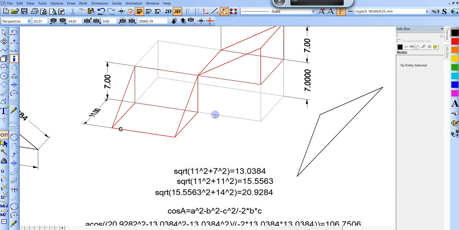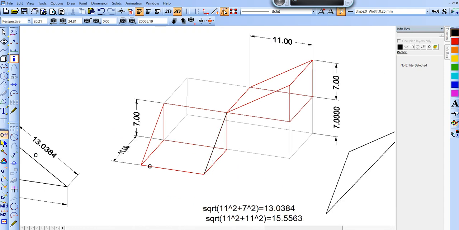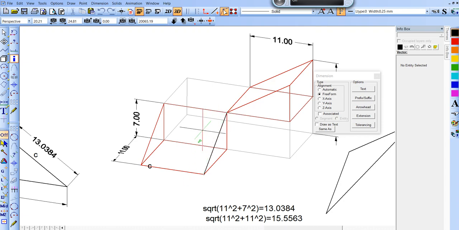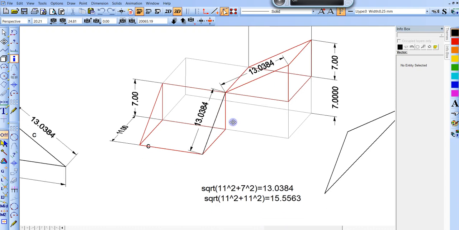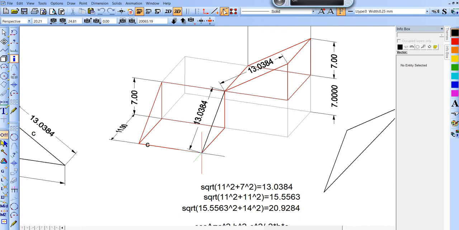So to calculate this leg, we did that with the 11 squared plus 7 squared. You get the square root of that, you'll get 13.038. Same thing here. And then we need to get this length, this diagonal here, so we're going to use this triangle.